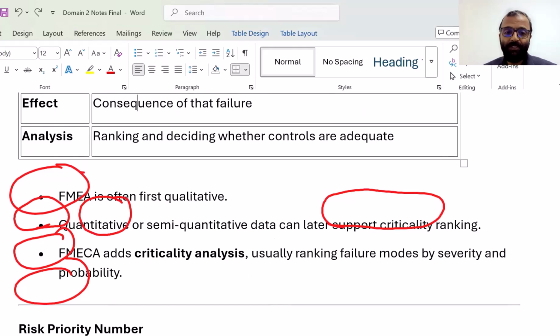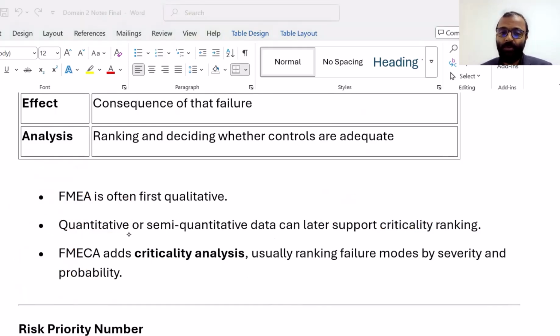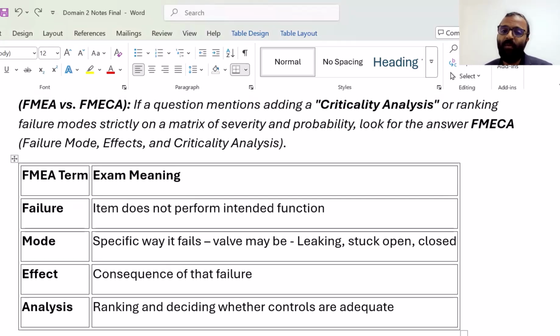Then this FMEA is often first qualitative. Quantitative or semi-quantitative data can later support critical rank. So it is actually qualitative FMEA, and then quantitative and semi-quantitative data can help support the critical analysis. FMECA adds critical analysis. Always FMEA we are using, FMECA also can be done.